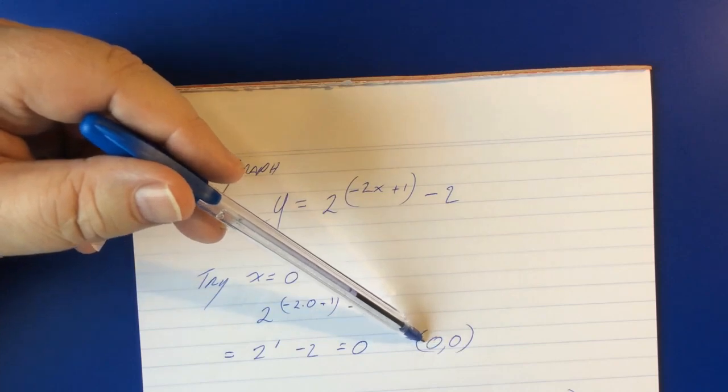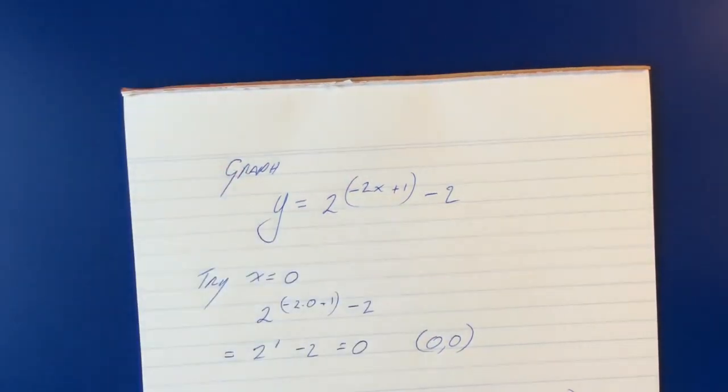So this passes through the origin. But where does it go either side of that? That is the question. Because it passes through the origin, it's a fair bet, because it's an exponential function, that it won't pass through anywhere else on an axis.